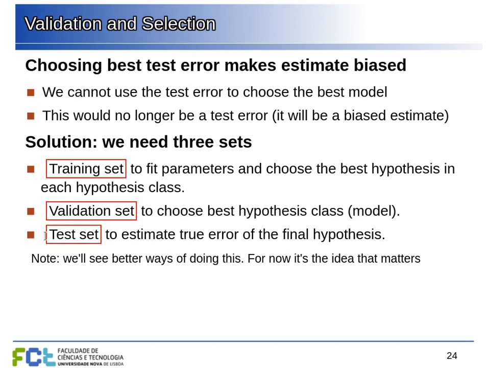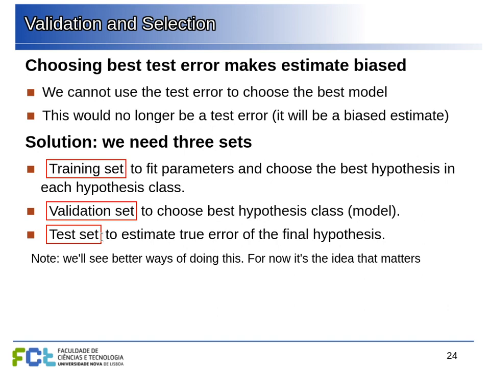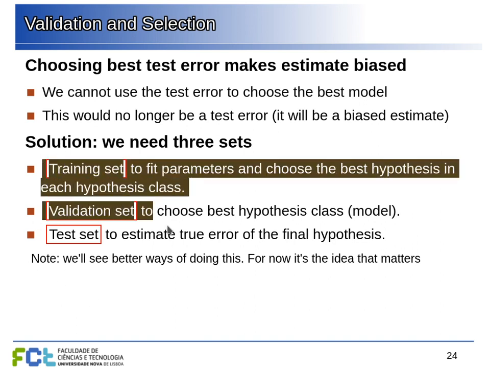So then we leave out some points for the test set that we do not use for any decision, and we only use for estimating the true error of the final hypothesis. After we do everything, select the best model, train it, and so on, we use the test error to have an unbiased estimate of the true error. We're going to see better ways of doing this, a bit more complicated, but this is the general idea.